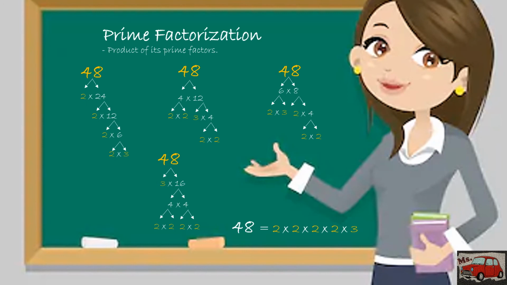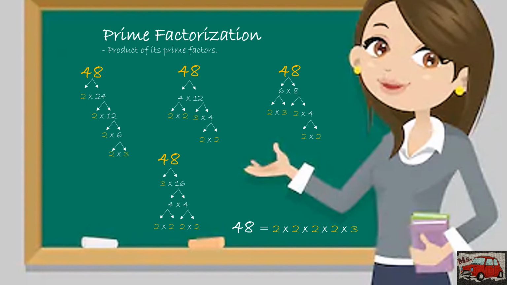The last example that we have here is yung factor na ginamit kay 48 is 3 times 16. Si 3, okay na siya kasi prime number. Si 16, hindi pa. So, factors ni 16 are 4 times 4. So, parehas siyang composite, so i-breakdown natin.